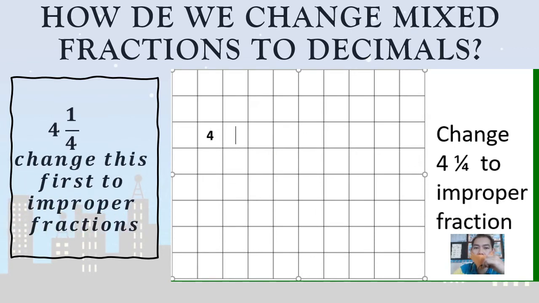So how do we change mixed fractions to decimals? For example, we have 4 and 1/4. Change this first to improper fractions. So multiply the whole number and the denominator, then add it with the numerator. So 4 times 4, we have 16. Add it with 1, then we can get 17.